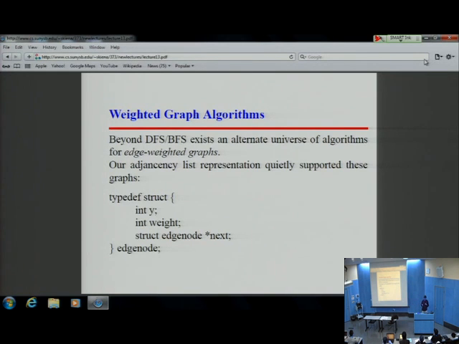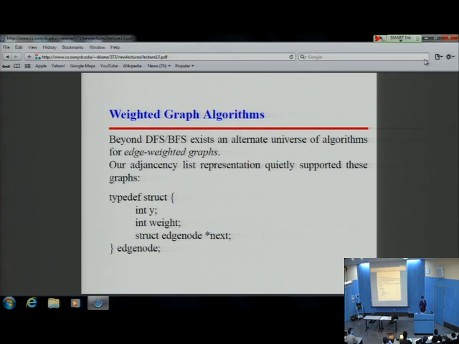So for a lot of problems, like shortest path problems, weighted graphs make sense. For the rest of the unit on graph algorithms, I'm going to talk about two big killer apps of weighted graphs: finding minimum spanning trees, and then finding shortest paths. Any questions about that?